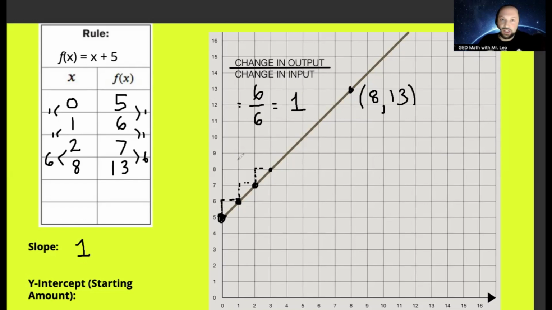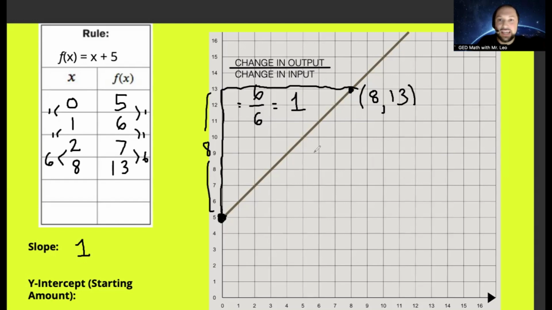But, for example, let's keep this (8, 13). I like that. And then let's go with this first point right here, (0, 5). Let's do rise over run for this. So carefully count. I've got to get all the way up to 13. 1, 2, 3, 4, 5, 6, 7, 8. That's a rise of 8. And now what's the run? 1, 2, 3, 4, 5, 6, 7, 8.